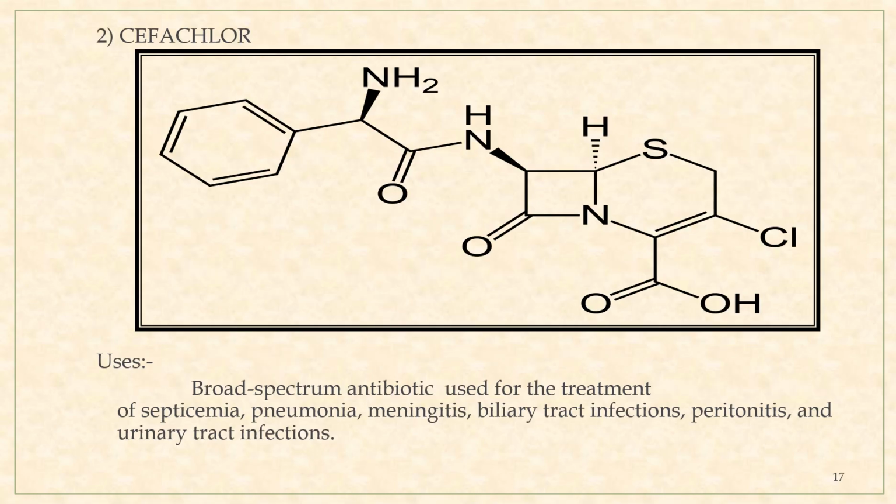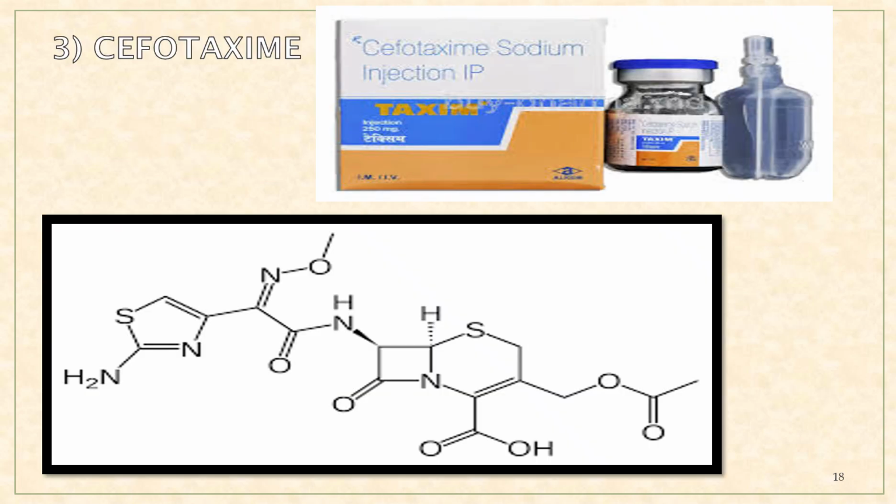Another one is cefaclor. At the third position, chlorine is present, and the acyl amino side chain is attached to a benzyl amino group. The uses include treatment of septicemia, pneumonia, meningitis, biliary tract infections, peritonitis, and urinary tract infections. Next is cefotaxime. We have already seen its structure. It comes under aminothiazoles and is an example of an oximino cephalosporin.